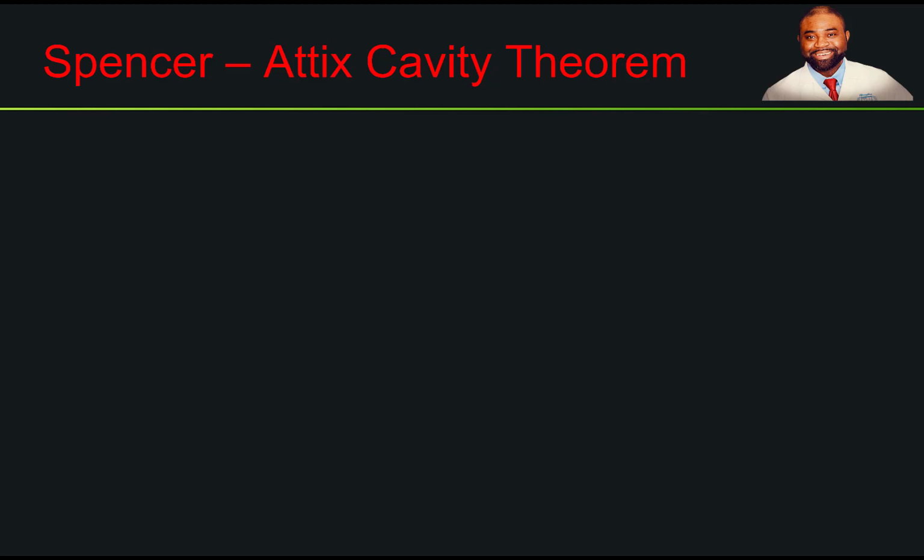In other words, Spencer and Attix in 1955 showed that one must consider the effects of secondary electrons in the cavity theorem, and so they formulated what we call the restricted stopping power ratios to take into consideration these delta rays.